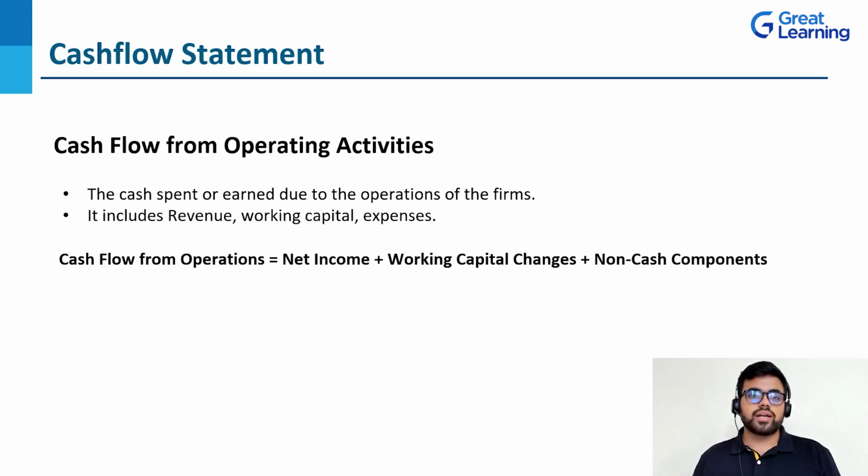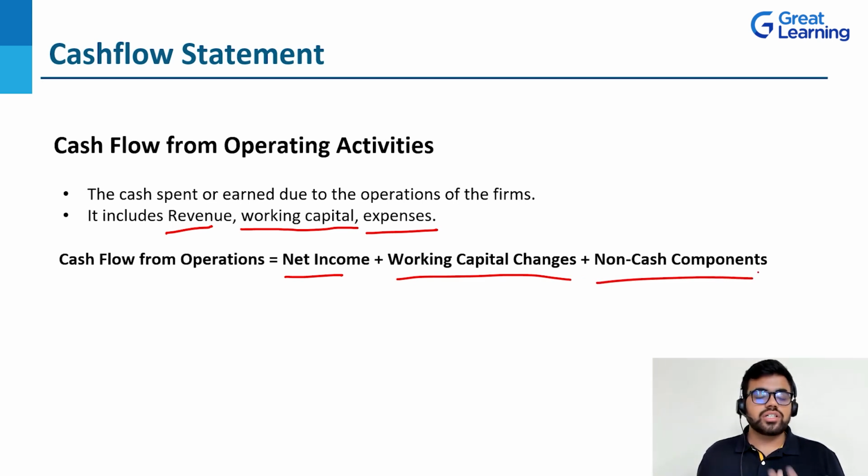This includes revenue, working capital, how much amount is needed for its day-to-day operations. Then its expenses, which would be rent, the wages it needs to pay to its employees, electricity bills, and so on. So cash flow from operations is the addition of net income, the working capital changes, and non-cash components.